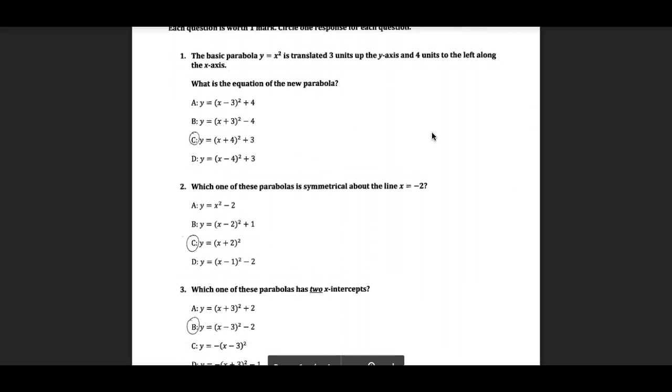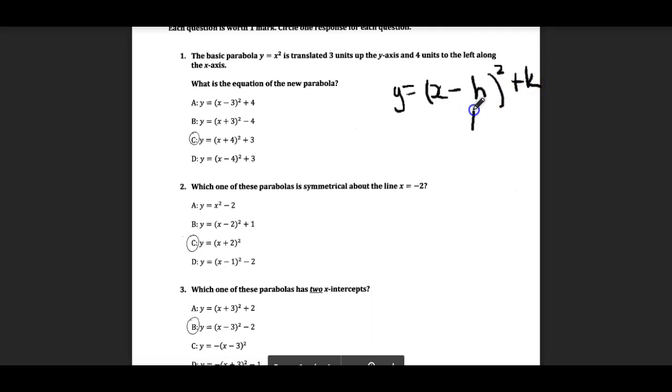So the basic parabola y equals x squared is translated 3 units up the y-axis and 4 units to the left along the x-axis. So if you remember your equation in turning point form, which is y equals, I haven't put the a on there because it hasn't been dilated, so we'll just leave the a off.